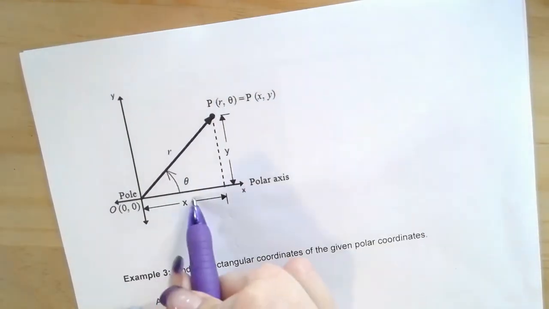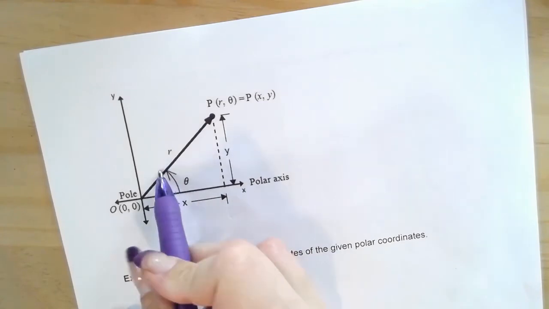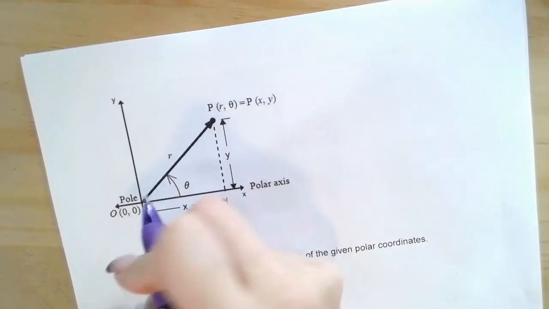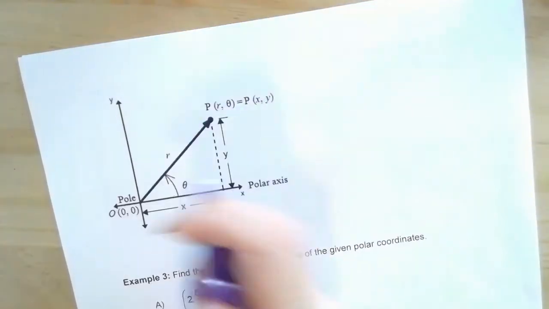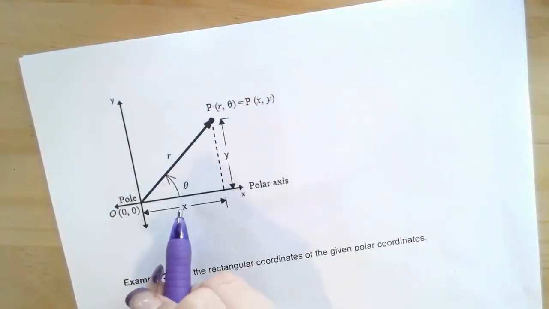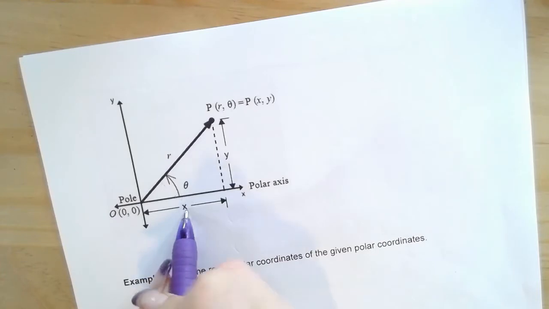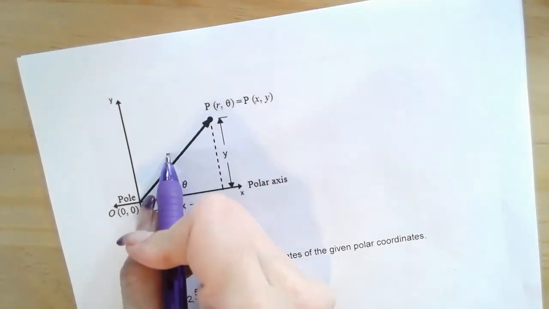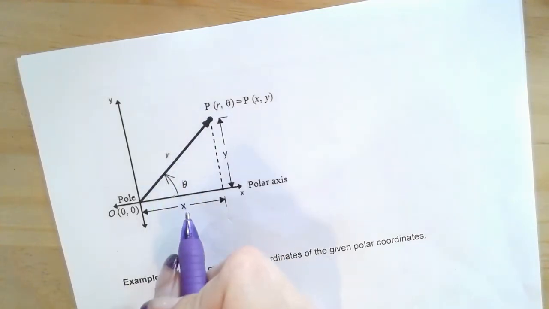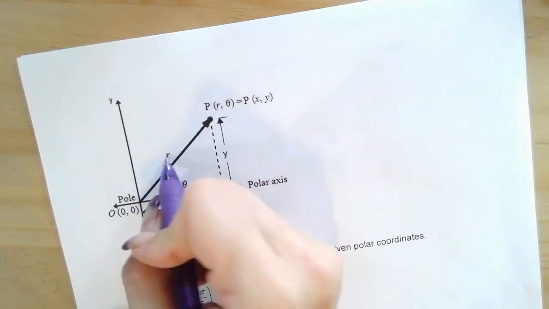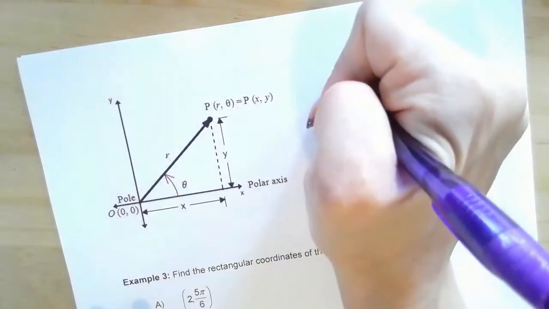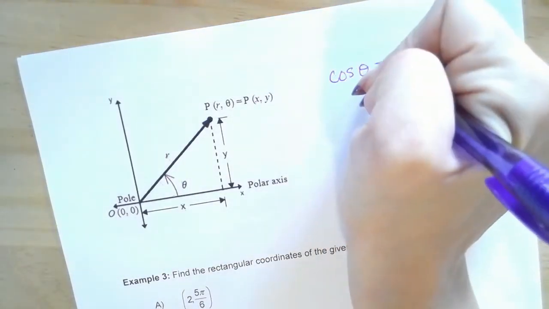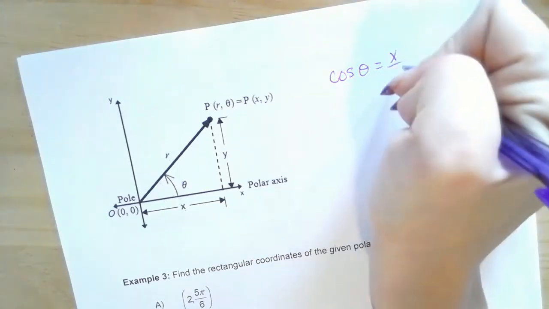If I want x, and this is theta, or if I want y, here's x. X is adjacent to theta. And r, because we want it in relationship, r is the hypotenuse. Well, what trig function does adjacent and hypotenuse? That is cosine. So I can write out the form of cosine theta equals x over r.